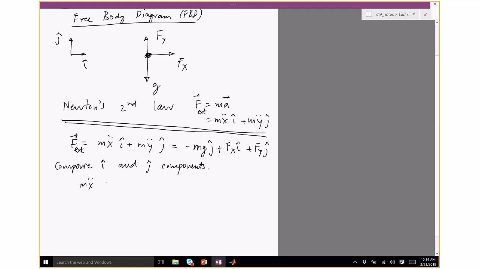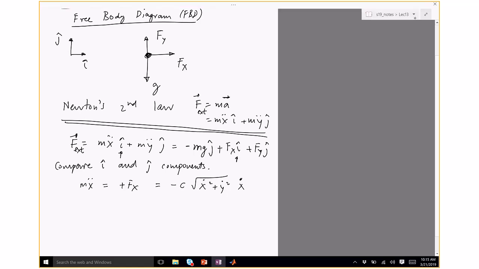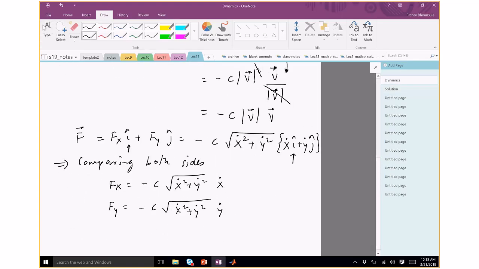So we have m x double dot equals plus Fx. There's only one i on the right side, so m x double dot is Fx. So Fx we have seen is equal to minus c times (x dot squared plus y dot squared) times x dot. This is from the drag force model I wrote down earlier. This comes from here.